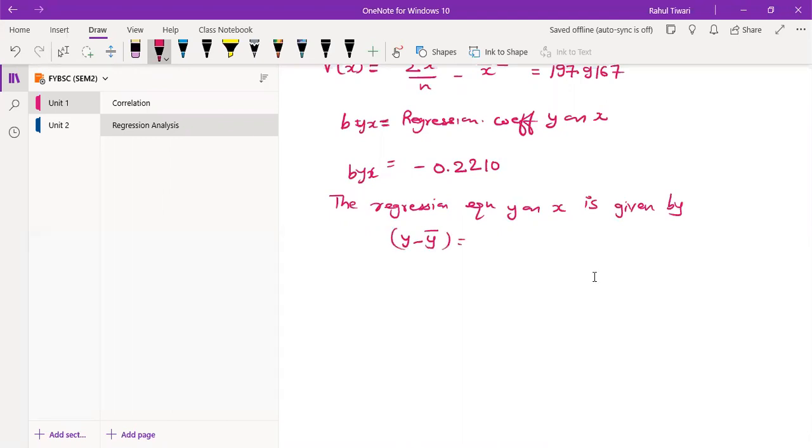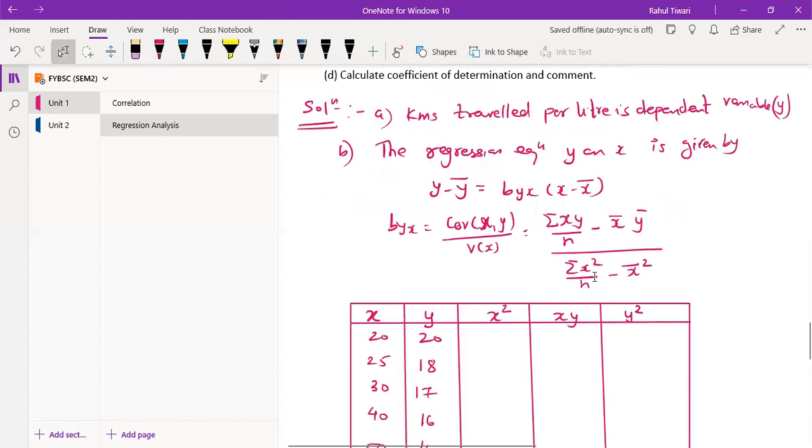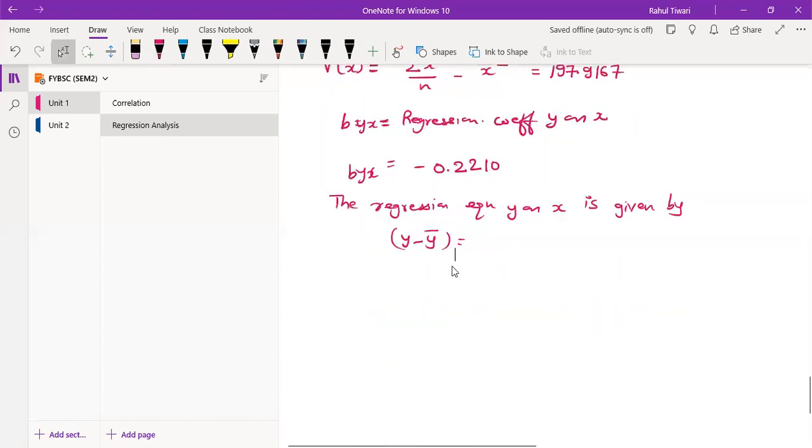I think I have already written this here, so I will not write it again. Instead I will substitute the values: y minus y bar, which is 15.8333, equals byx, which is minus 0.2210, into x minus 37.5.